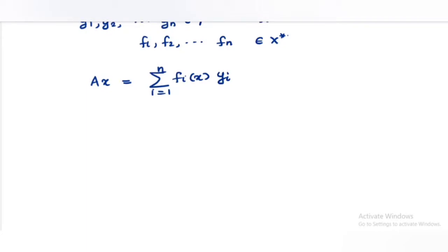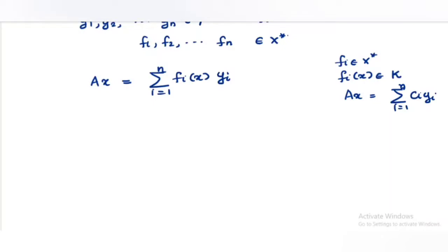What about fi? fi belongs to X star. Therefore, for any x belonging to X, fi of x clearly belongs to K. The fi are linear functionals, so Ax is a sum of ci yi, a linear combination of elements yi.